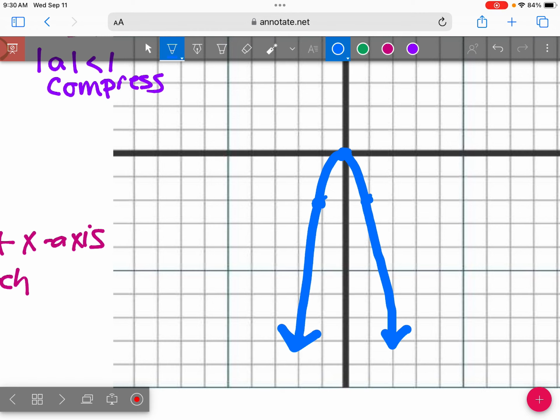So it reflected across my x-axis, and it got skinnier. Tall and skinny. For our stretch, I always think of it as, it's a big kid now, it's big numbers, so it does yoga, it gets really tall and skinny. And when it's compressed, it's between 1 and 0, so it's little and so cute, and I want to squish it. Squish. So it goes.